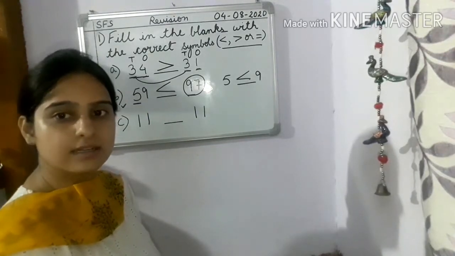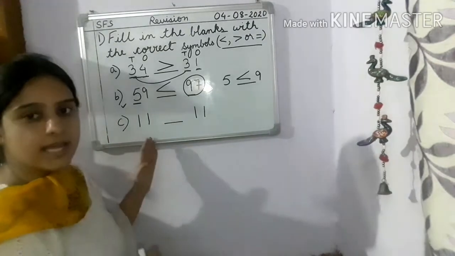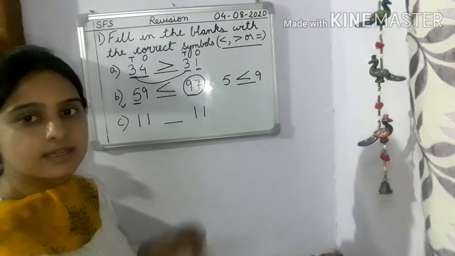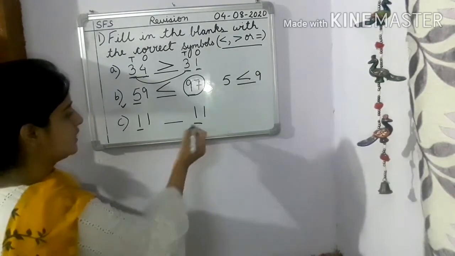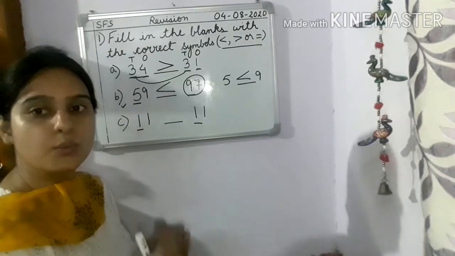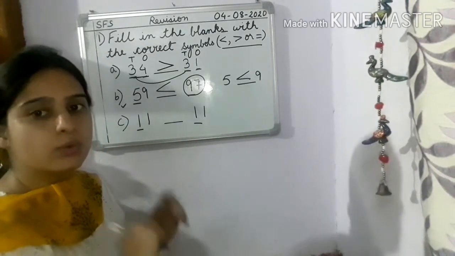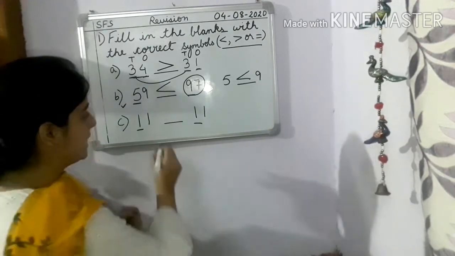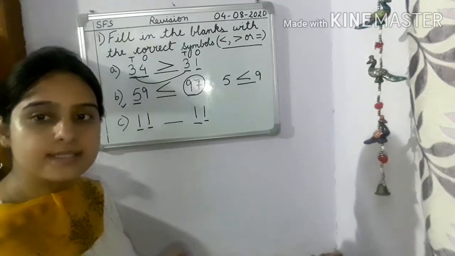Is it clear? This is how we compare two numbers. Let's move to our next, C. We'll compare first tens place, children. Both are 1 and both are same. So what we'll do now? We'll move to ones place. In ones place also, children, both are 1. Same.